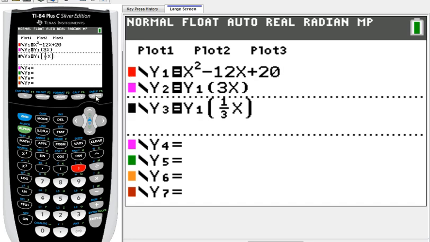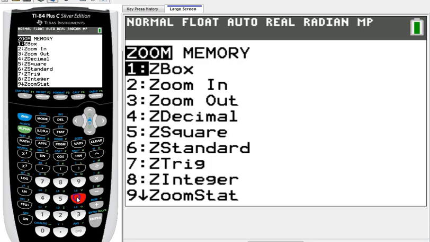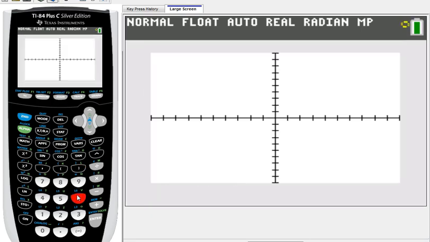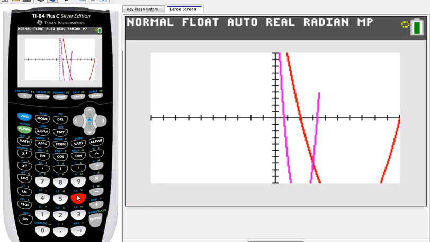So let's go ahead and just hit zoom 6 and examine that graph. So you can see this isn't the ideal window range to examine the properties of these three graphs. So let's go to window. I think we want to expand it in the vertical directions, both directions, and also in the horizontal direction in the positive x.